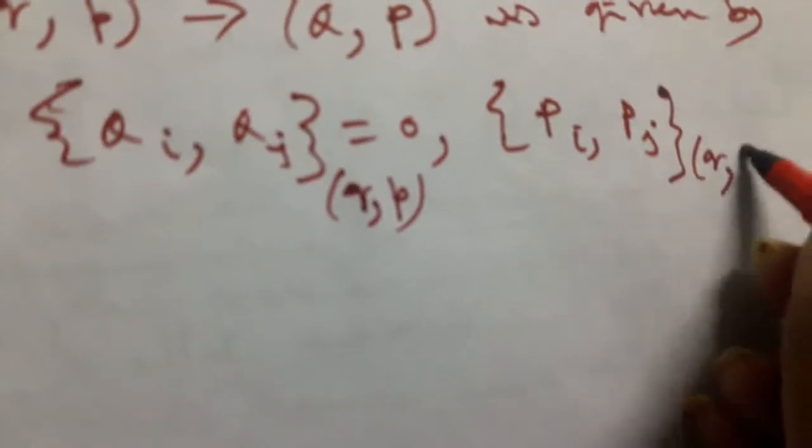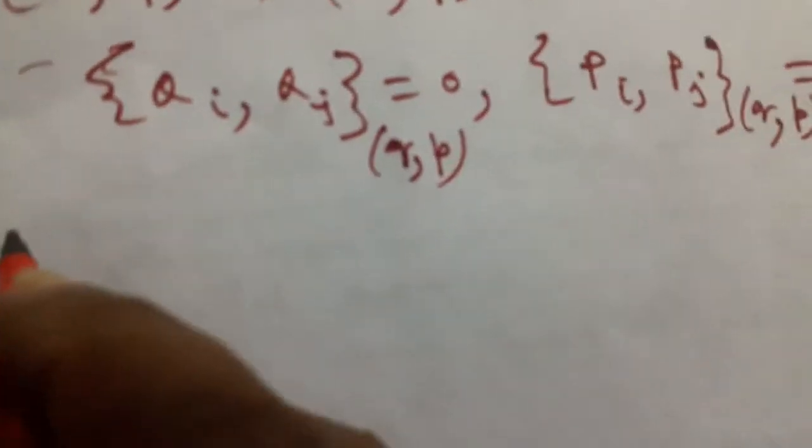Here also the Poisson bracket, with the same notation we use, will also be 0.